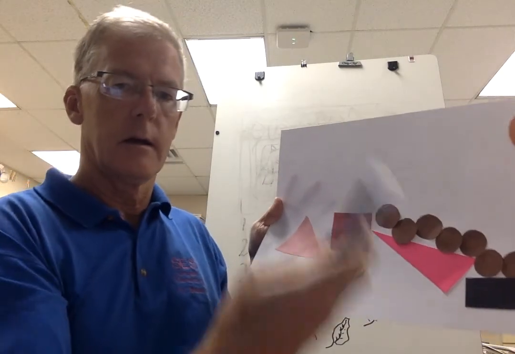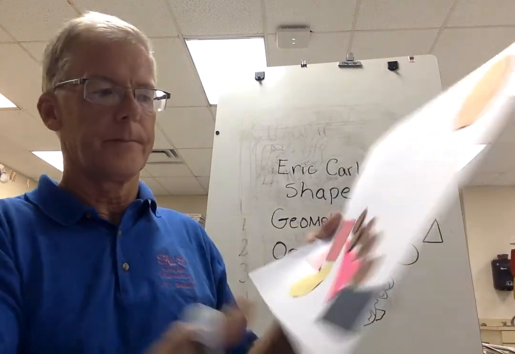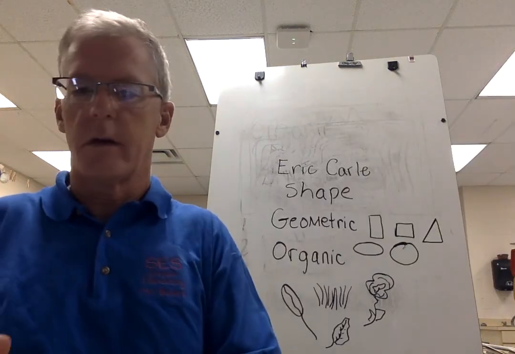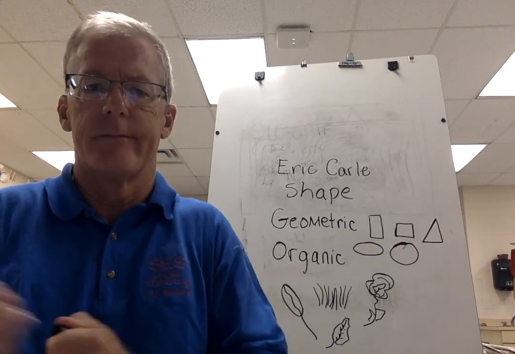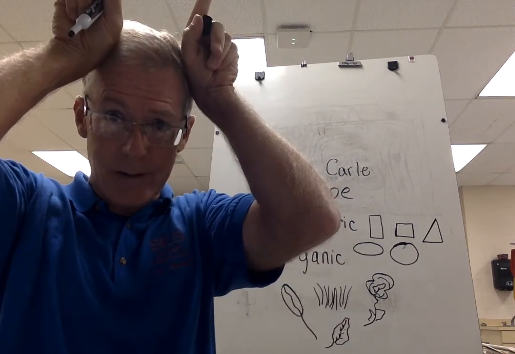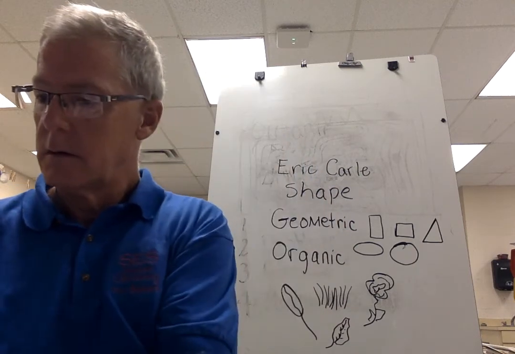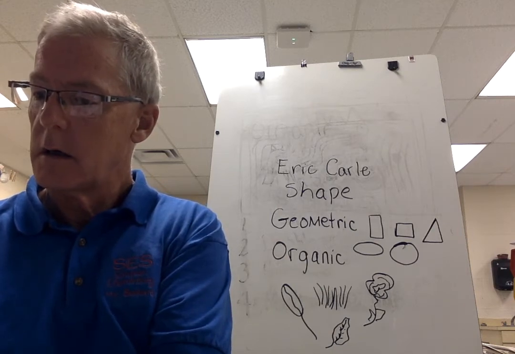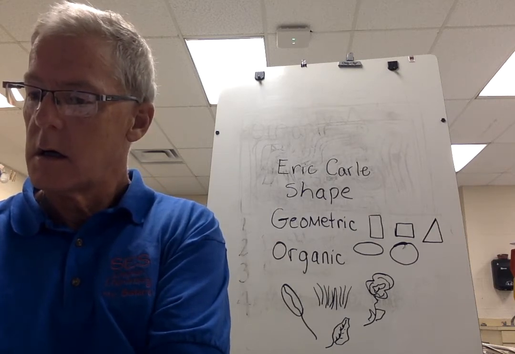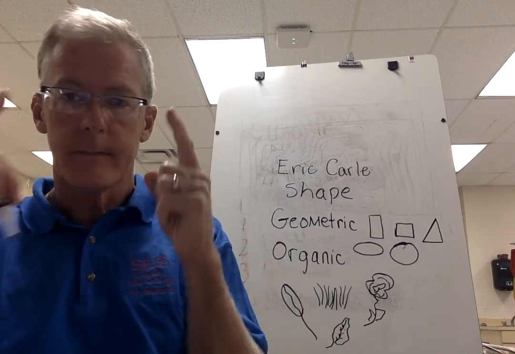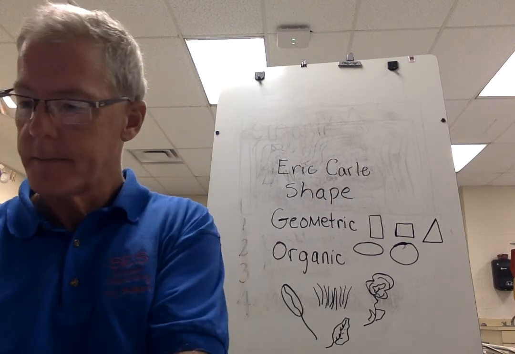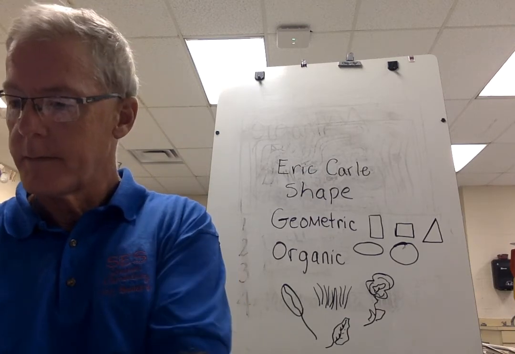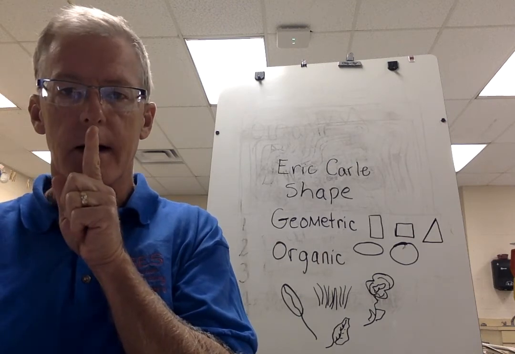I'm going to take my marker. What's on a caterpillar's head? Of course. Antenna. And eyes. Maybe a little mouth.